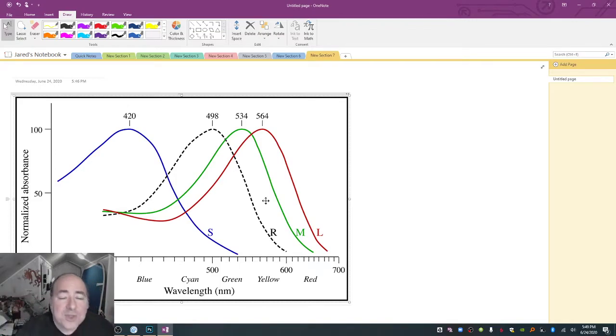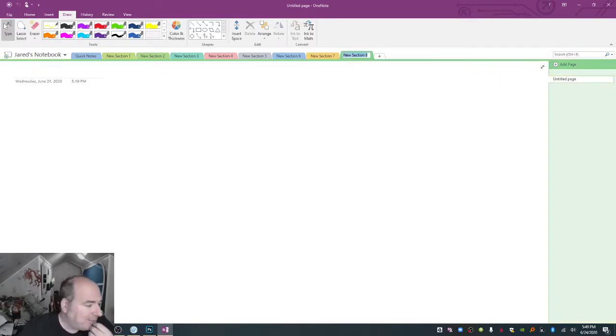So again, the physics of it is RGB. The biology of it is spiked at RGB, but where it gets messed up is a neural circuit that tries to make the best of all of this data. What do I mean by that?